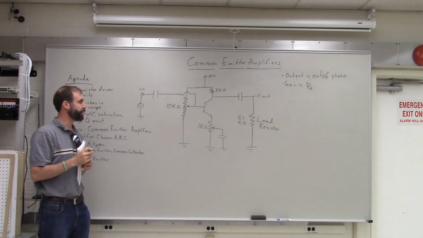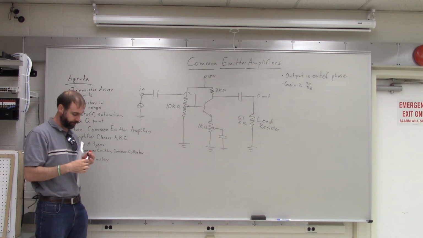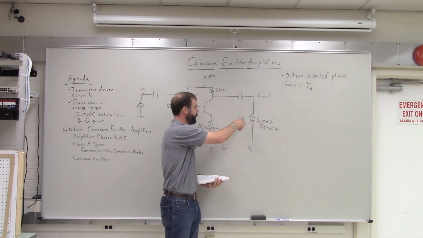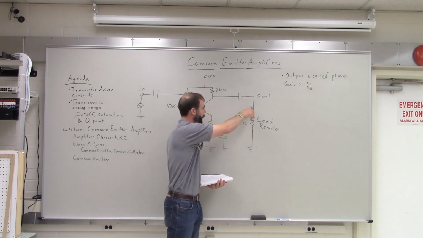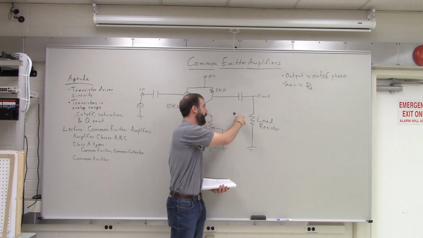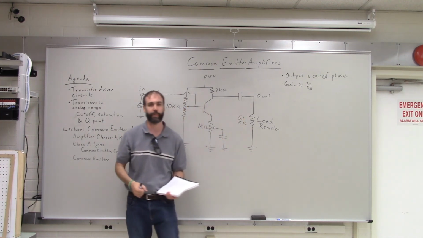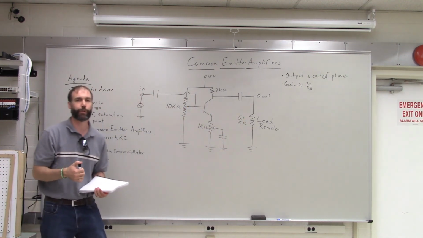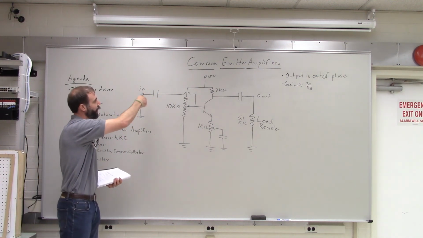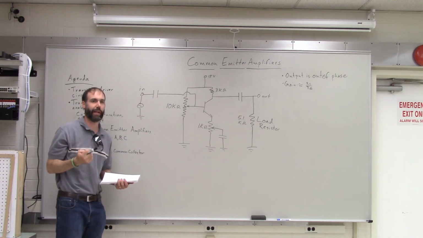Okay? So what's happening is that this load resistor is determining the amount of current that this circuit has to supply. So a fairly high resistance, like 5 kilo ohms, means that you don't have to supply very much current, right? And that's good because we said that the common emitter amplifier was a voltage amplifier.